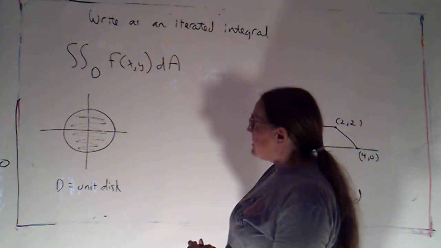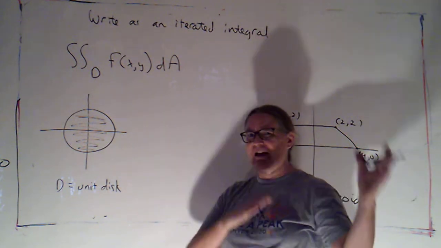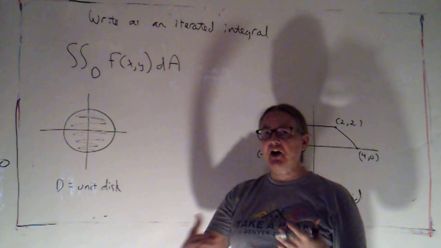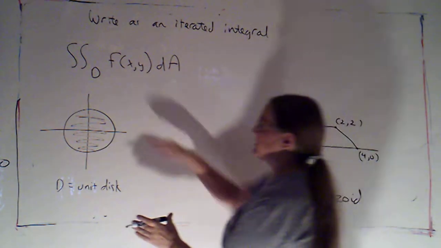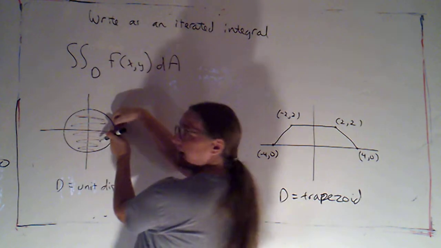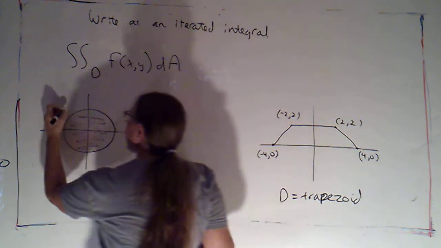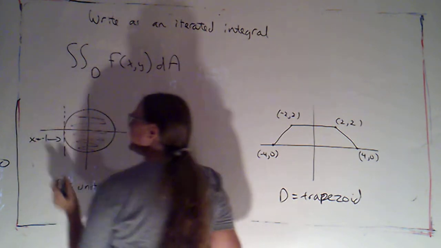Now, with the unit disk, I'm not really seeing four boundaries, a left and a right and a top and a bottom. That's because if I were to think in terms of the top and the bottom, they meet. And they meet again right here. So I can think of this as my left side is x equals -1.